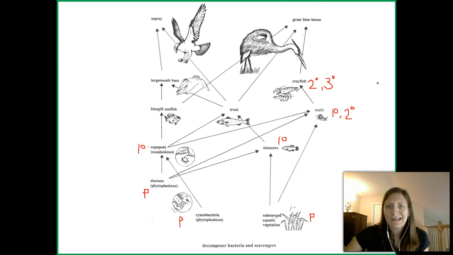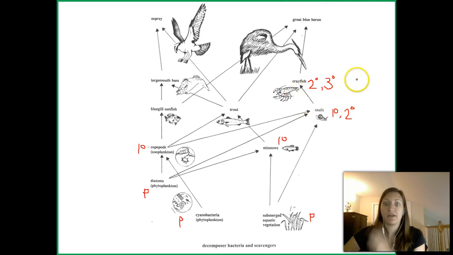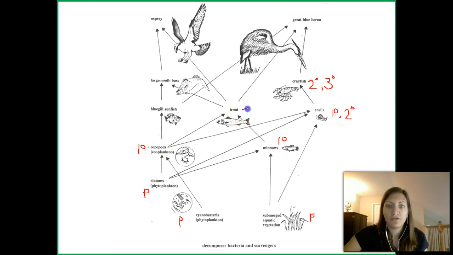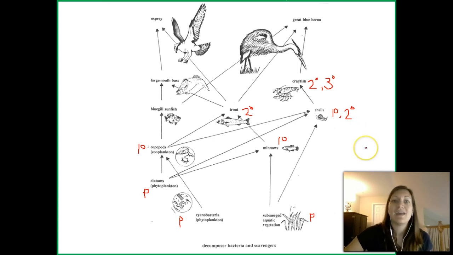So really the shorthand of what I'm doing is I'm just adding 1 to whatever it's consuming. So the crayfish eats a snail, which is a 1 and a 2, so automatically crayfish becomes a 2 and a 3. And you can keep doing this. The trout is eating a 1 and a 1, so it's just going to be a 2. So continue doing that with the rest of these consumers and then answer those follow-up questions.